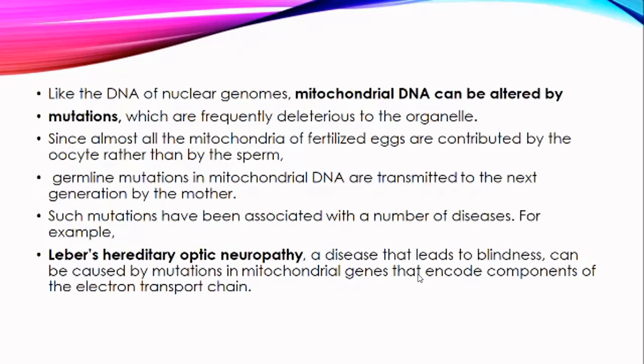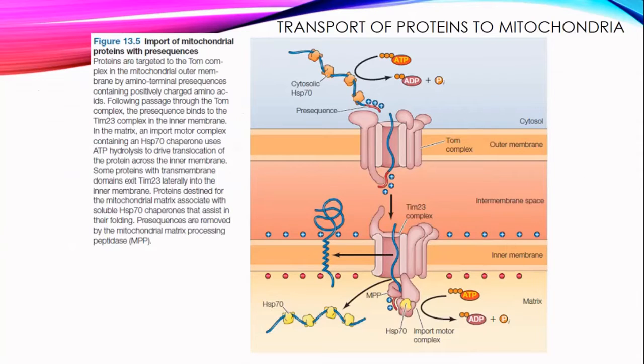So, kumbaga, the mother, pwede niya i-pass on since kung ang mother na genetic defect or carrying a defect on mitochondria, pwede niya mapasa sa iyang anak. So this is another source of genetic diseases. Pwede mitochondrial, pwede punta sa nuclear na aspeto.